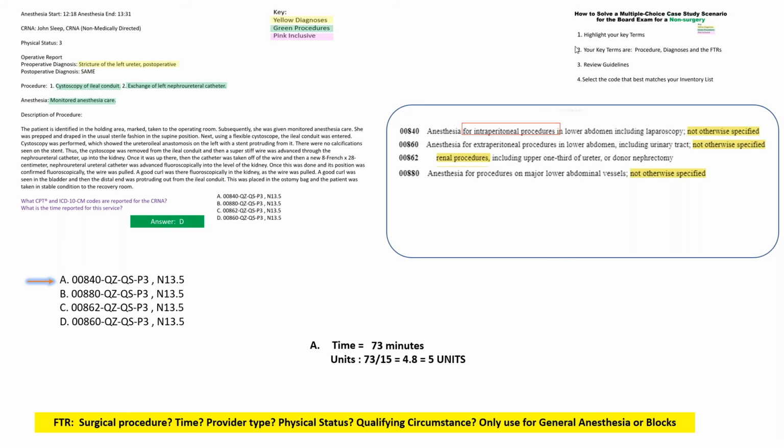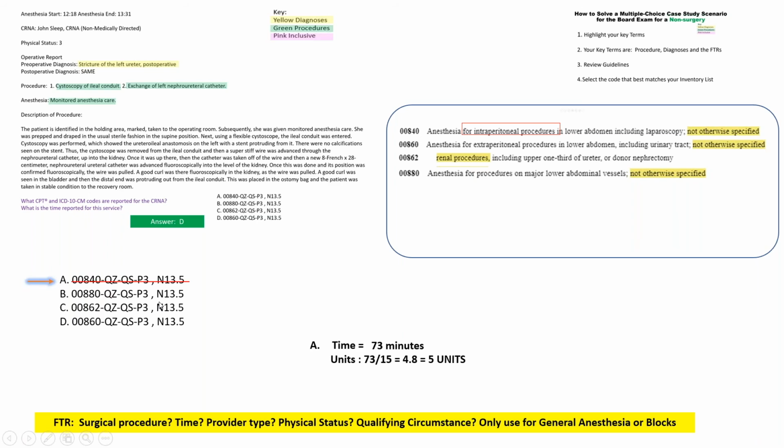Because it is coding for intraperitoneal procedures. So intraperitoneal will be mostly on the organs of the abdomen, stomach, and all those organs. So this is a wrong one. We didn't have procedures on intraperitoneal organs. You got that one? Why that was wrong?